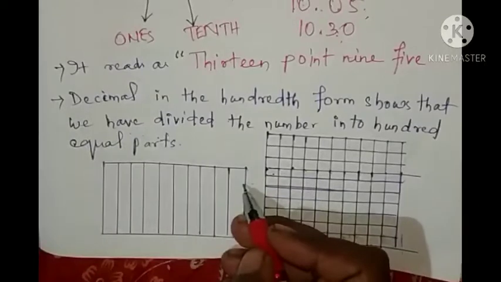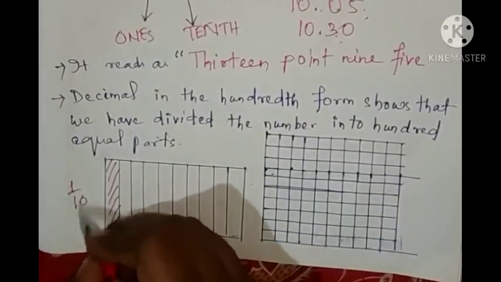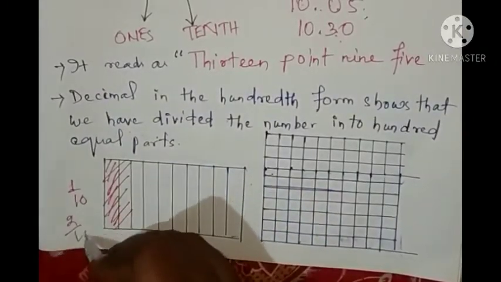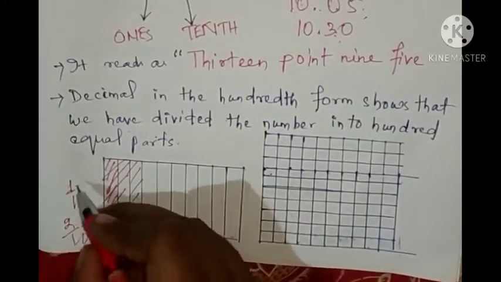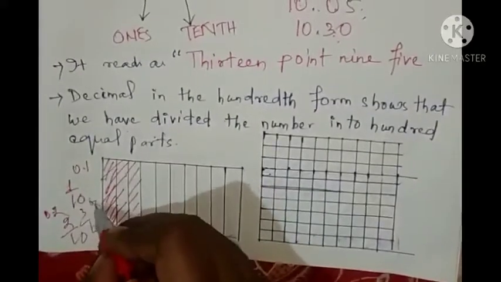Here 10 equal parts are shown. One part is 1 by 10. If we take two parts, that is 2 by 10. Three parts, that is 3 by 10. So 1 by 10 is 0.1, 2 by 10 is 0.2, 3 by 10 is 0.3.